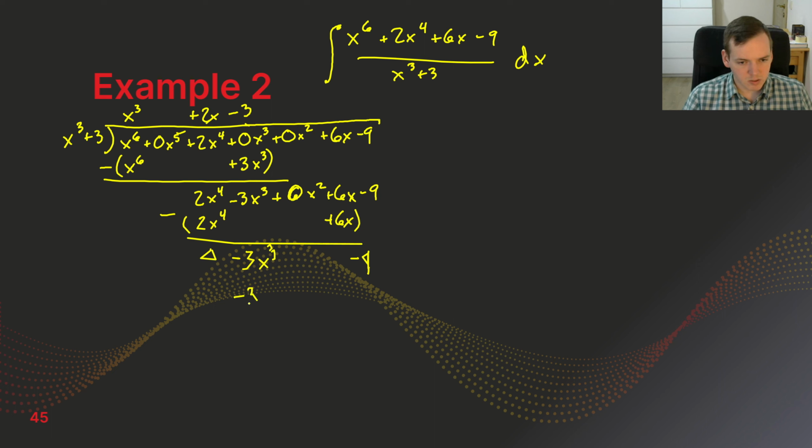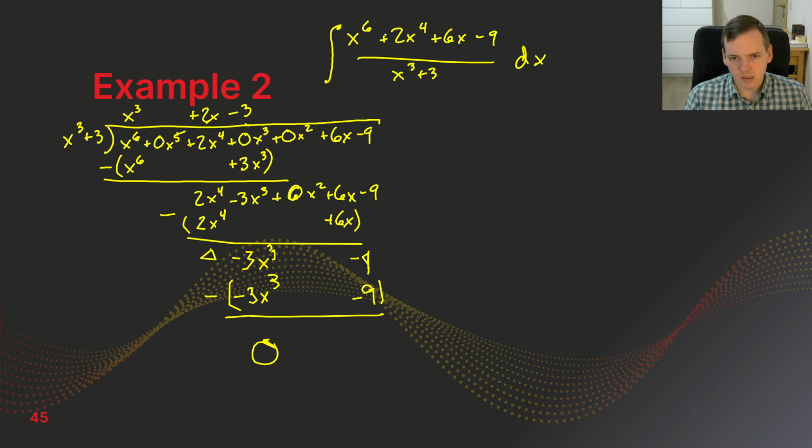So minus 3x cubed. And minus 3 times 3 is minus 9. Subtracting those gives me 0 and 0, so that gives me a nice convenient 0. So there's no remainder in this one, which is nice. We don't have to worry about it.